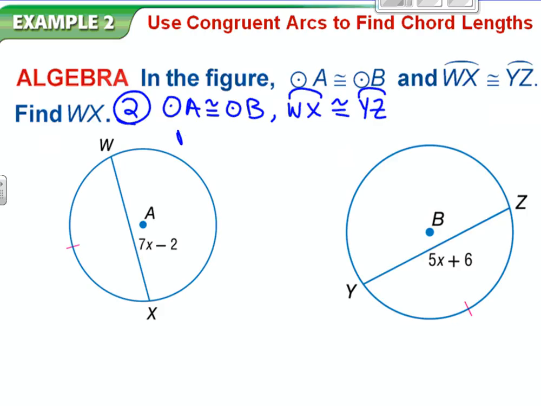Our job is to find WX. And so we want the distance from W to X. On your picture, the arcs are marked as congruent, so we know that congruent arcs have congruent chords. And that's backwards from how we wrote it before, but I am going to write that.